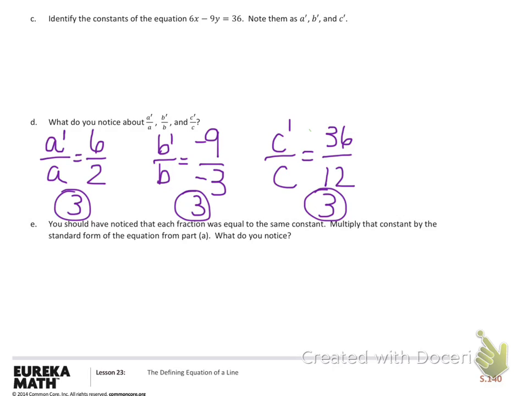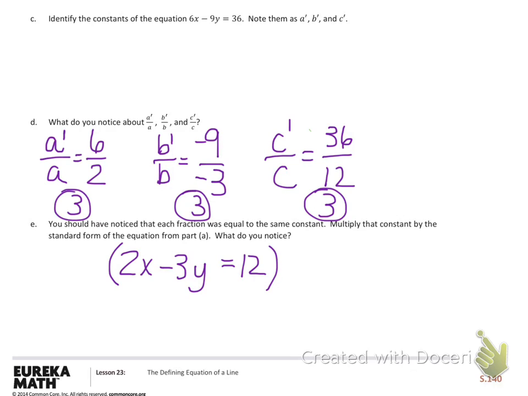Okay, and so it says you should have noticed that each fraction was equal to the same constant. Multiply that constant by the standard form of the equation from part A. What do you notice? Okay, so here was our standard form.